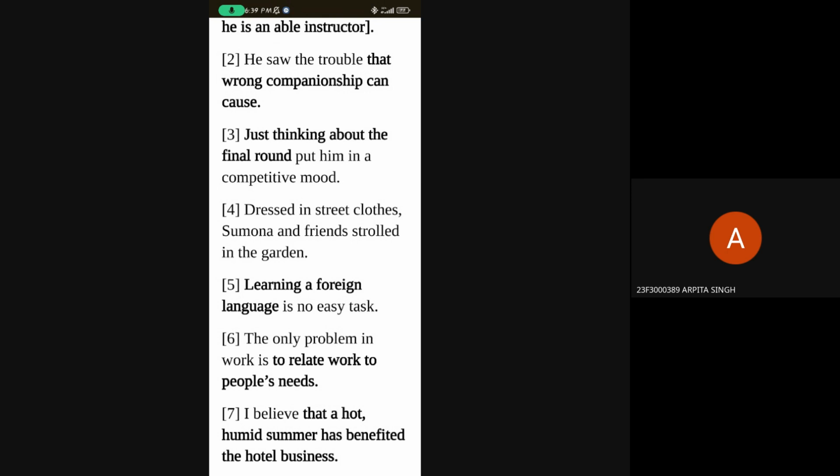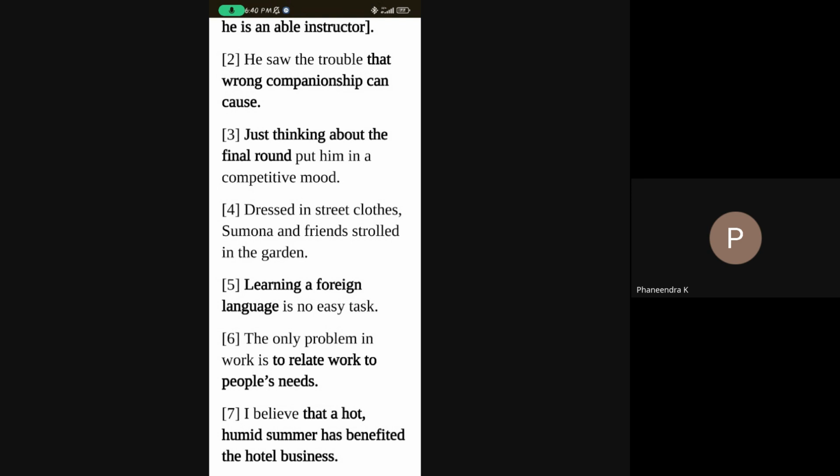Dressed in street clothes is your subordinate clause. Yes, that's right. Because Simona and friends strolled in the garden is a full sentence. It's an independent clause. It has a compound subject, Simona and friends, yet it has only one verb and it's a complete sentence. So whatever remains is your subordinate clause.